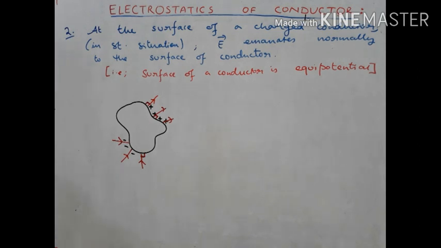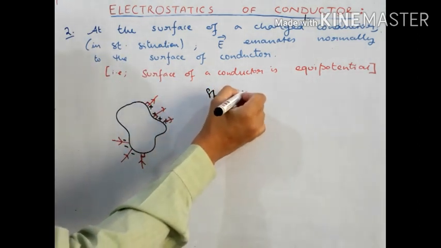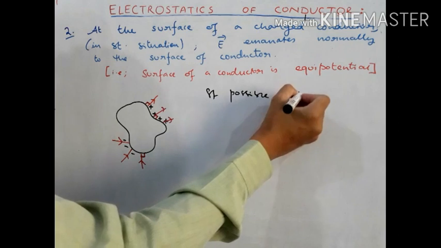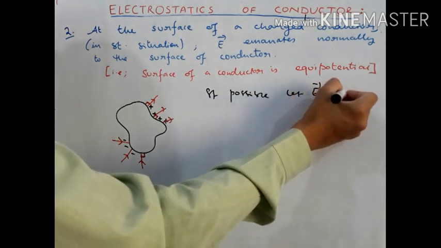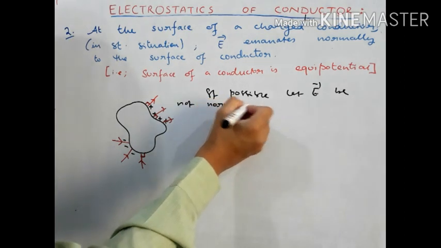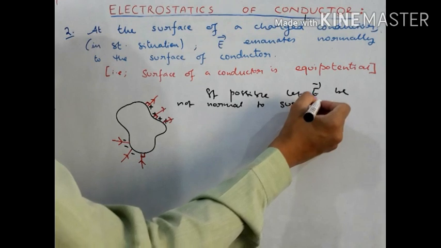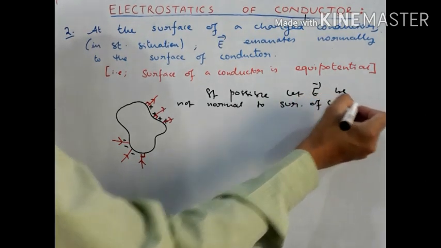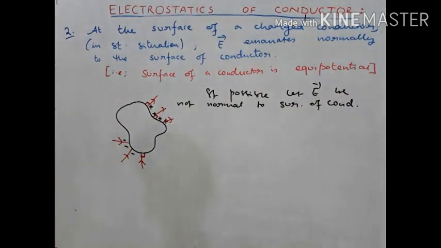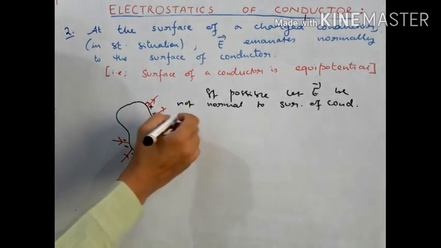See, if possible, let the electric field be not normal. We will prove it by contradiction. To the surface of the conductor, we assume the electric field is not normal. If it is not normal, it will be at some angle.